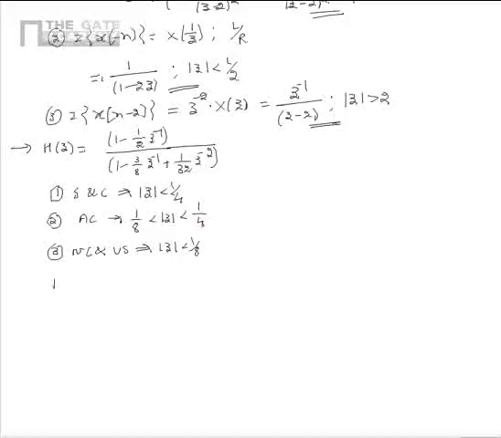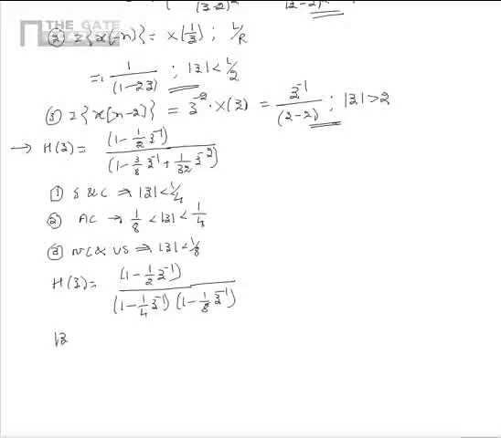From the given data, we see that the system function can be written as h of z is equal to 1 minus 1 by 2 z inverse divided by 1 minus 1 by 4 z inverse multiplied by 1 minus 1 by 8 z inverse.